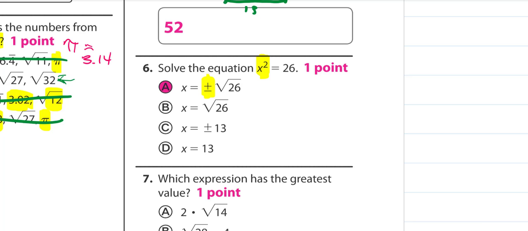In order to solve it, we're going to have to take the square root of each side, and that will cancel out both the square and the square root symbol. X is alone on that side, and that's going to equal the positive and negative root of 26.